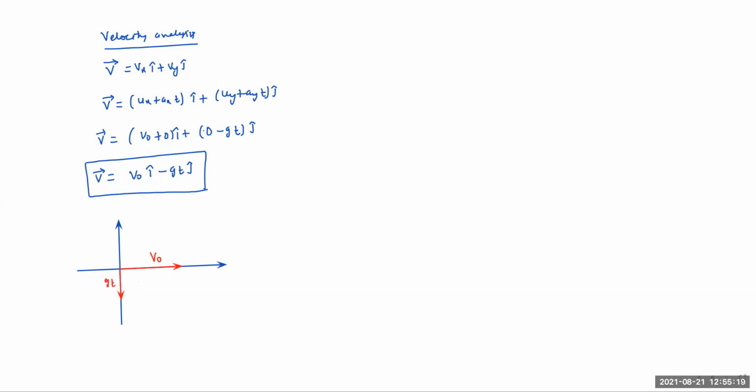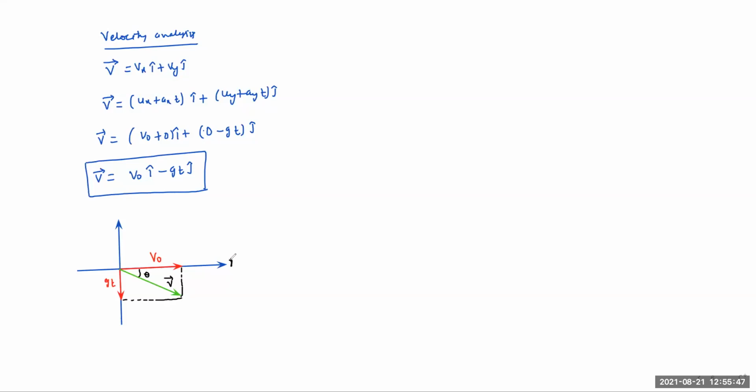And so the resultant of these two is called the actual velocity v. This is the v vector, which you normally write in vector form.